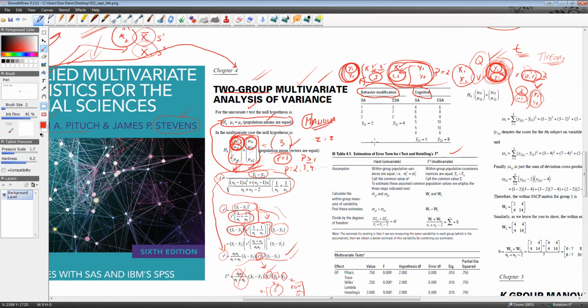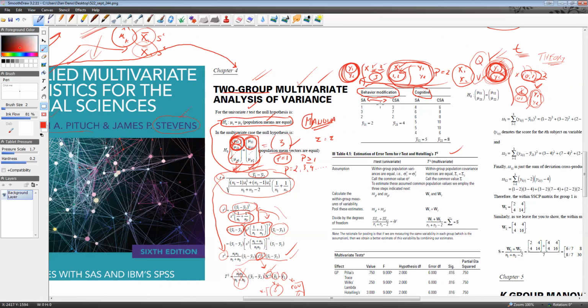And I cannot for the life of me recall what these abbreviations are for, but just think of it as two variables that have some kind of relation to one another. In other words, the SA and the CSA are kind of similar to this idea of quantitative and verbal, right? They go together.